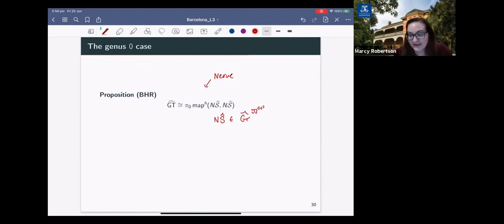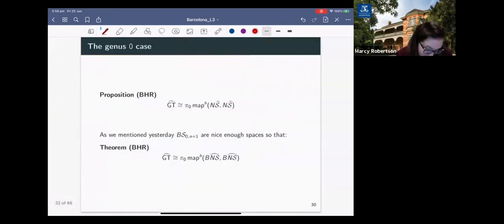And now you can actually, right, we talked about yesterday really briefly, well, when we take our classifying spaces, so remember these are supposed to be, now we're getting closer to our mapping class groups. These happen to be nice. They're nice enough so that the proposition we talked about yesterday applies.